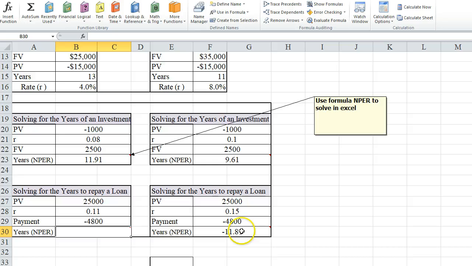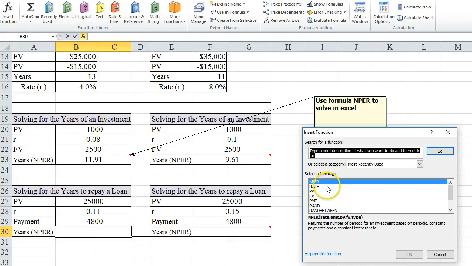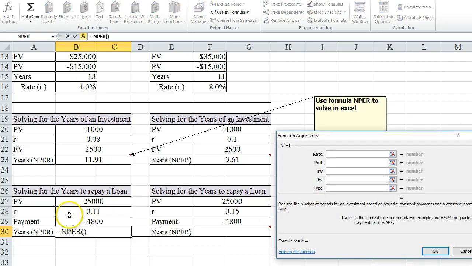If we're solving for a loan, this is solving for an investment. Here, we're doing a loan. So what we have is we have the rate, and then we have the payment. This would be the payment. And then we have the present value.